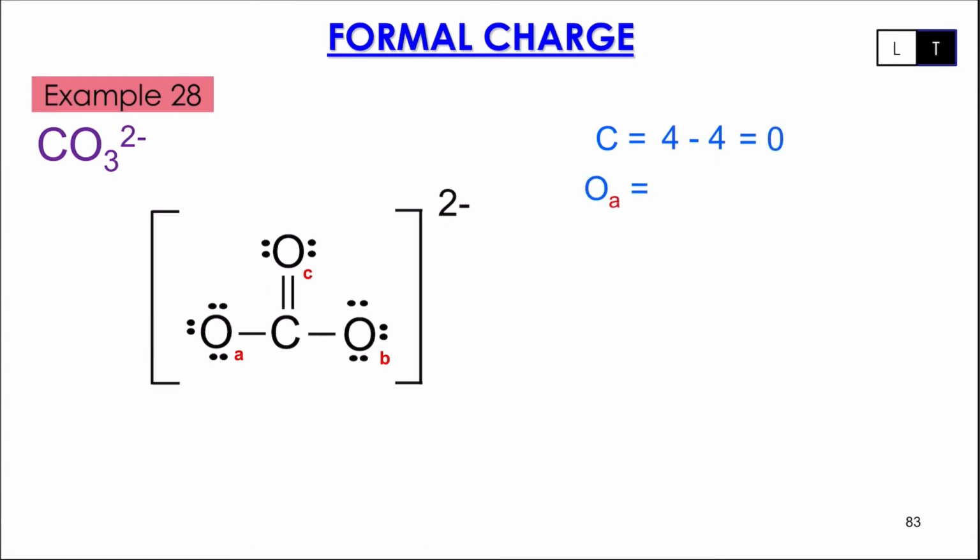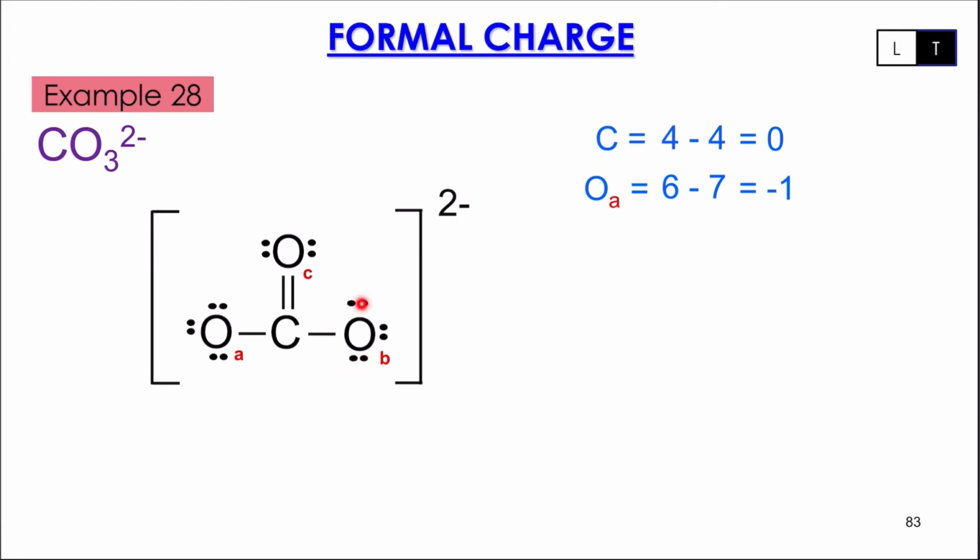Next, for oxygen, oxygen A, this one, I got 1 item here, and then setiap dot saya kira 1 item, so maknanya ada 7. But the valence electron is 6 for oxygen, so 6 minus 7 equals -1. Next, we go for OB.